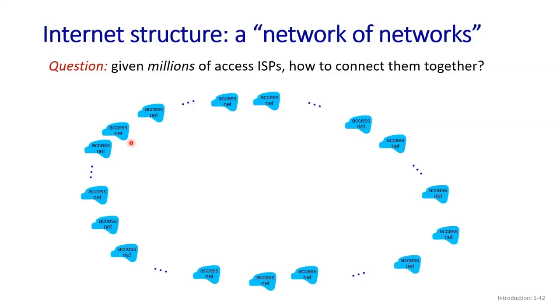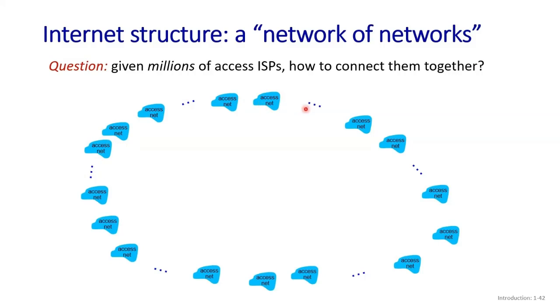We studied the residential access networks in the last lecture, the DSL internet access network in detail, and the cable-based access networks in pretty much detail. So suppose you are using DSL. In this case, your telephone company is your ISP. So suppose we have millions and billions of access networks today in this world.